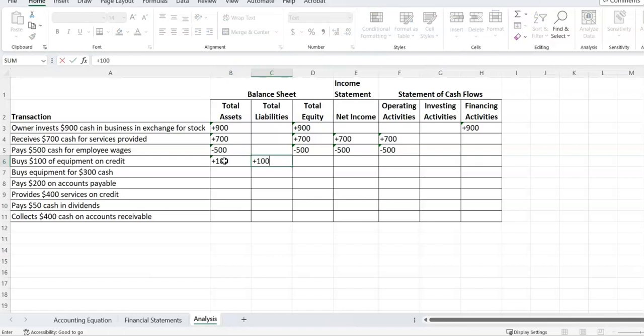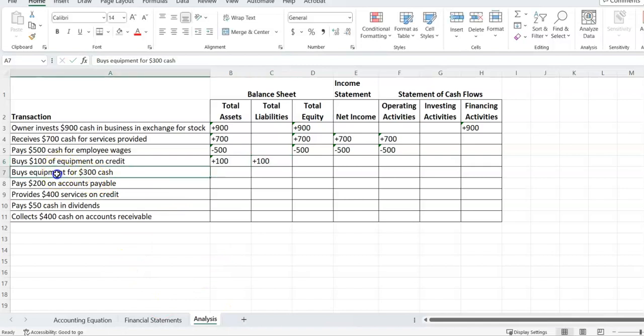Okay. The next transaction is buying equipment for $300 cash. So in this transaction, we both increase and decrease our total assets. So cash is an asset.